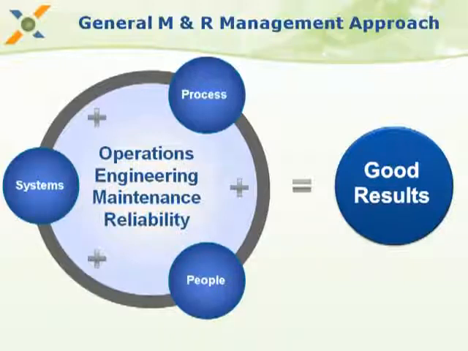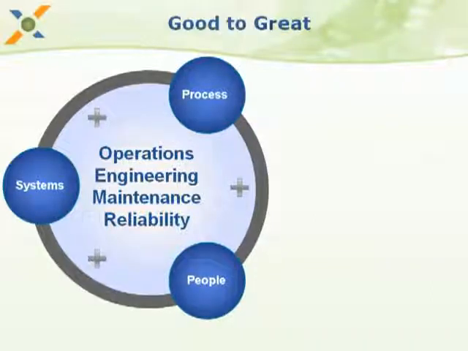Maybe some legs are a little bit weaker than the others depending on the organization, but by and large, most of us use this, and we are getting good results. So how do we go from good to great? How do we go from current state to a future state which is better than what it is today?